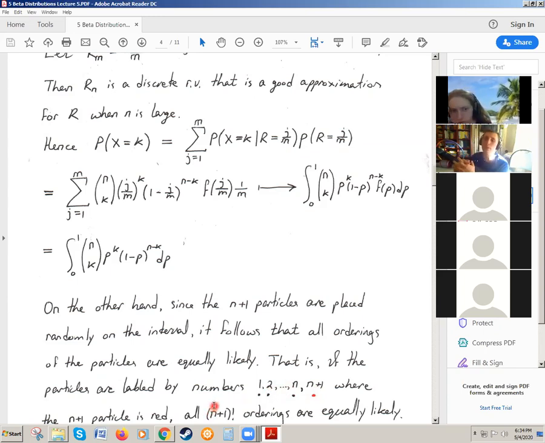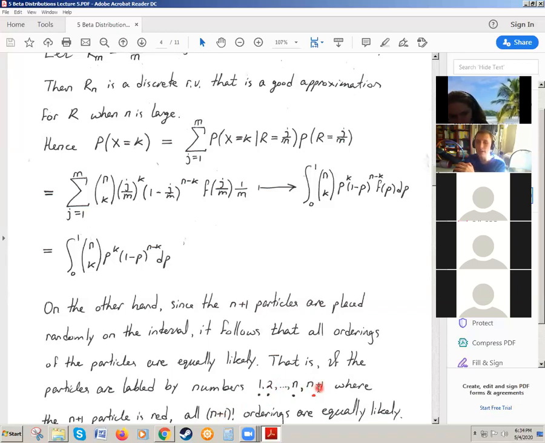Remember, one important idea in probability that helps avoid many mistakes: you have to consider the full sample space. You have to really imagine the sample space very well. When I assume that all the particles are equally likely to appear in any order, I'm really seeing just a permutation of those numbers. There are n plus 1 factorial permutations, and I can imagine those numbers written on cards.